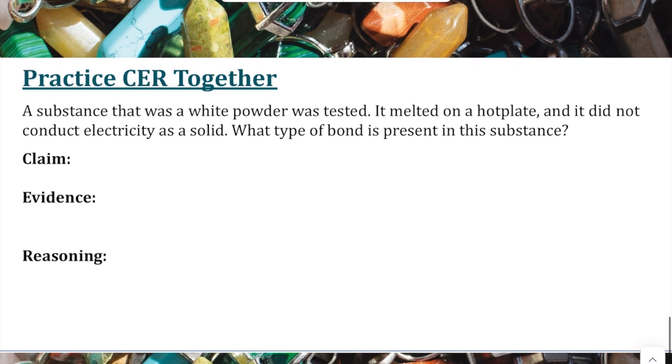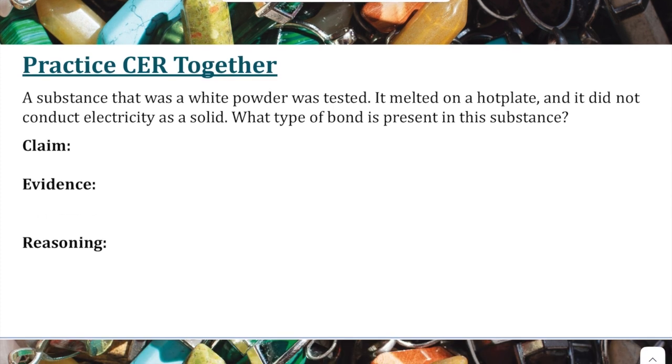So a substance that was a white powder was tested. It melted on a hot plate and it did not conduct electricity as a solid. What type of bond is present in this substance? So our evidence is what it is telling us here. So my evidence, I don't know that I can make a claim yet. Let's look at what our evidence tells us.